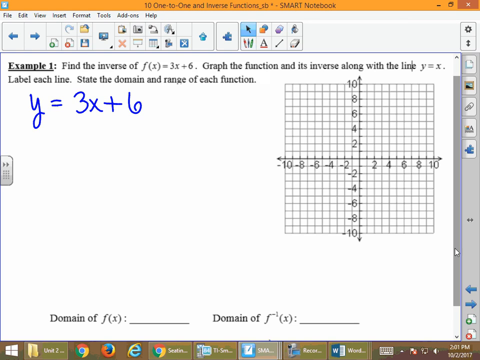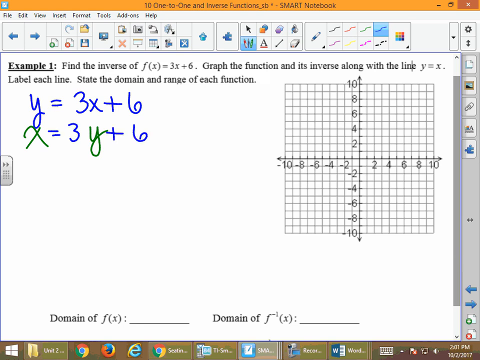Second step. Switch the x and the y. Nothing else. Only the x and the y change places. So x goes here and y goes there. Nothing else changes. The 3 doesn't move, the 6 doesn't move.